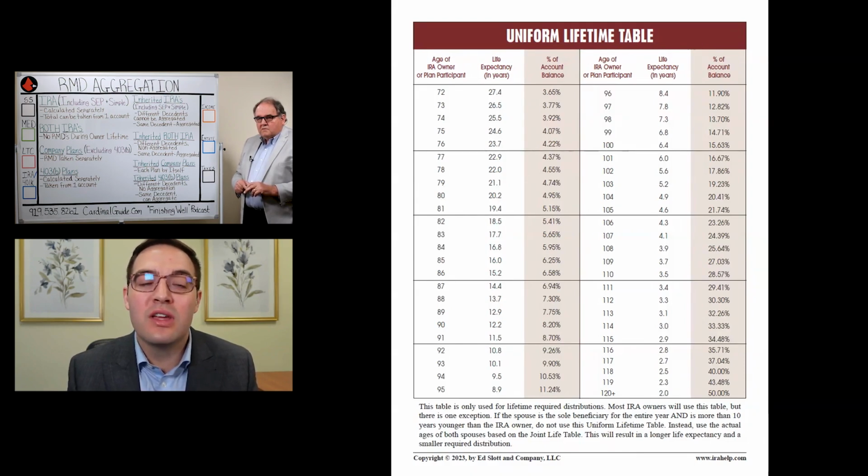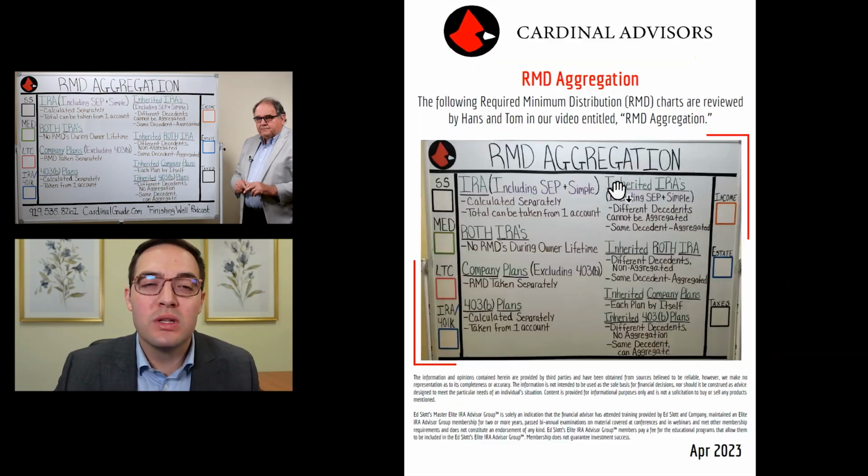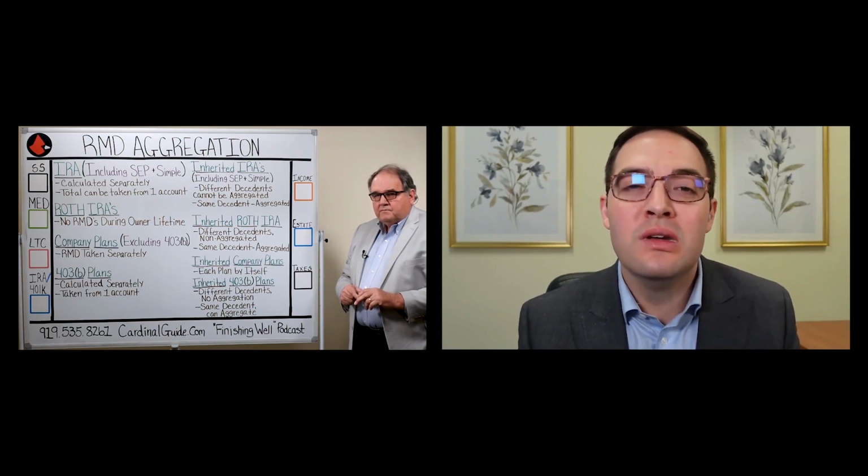The chart below is how to calculate if you inherit money. Don't try this one at home. It's more complicated in terms of the calculation process. It depends on when you inherited it, how many years ago. Again, don't try this one at home. The show notes are really there to support what's on the board. So we'll hand it back to Hans to go through the important information listed on the board.